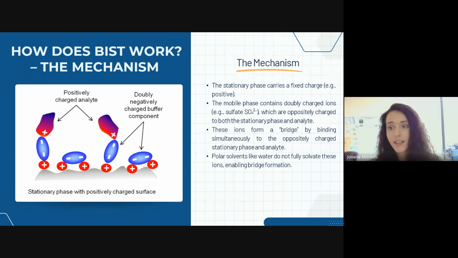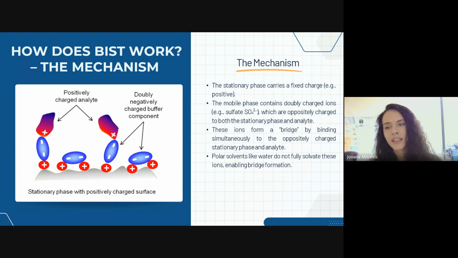But in BIST, things work differently. In the mobile phase, we introduce a doubly charged counterion, such as sulfate. This sulfate ion is negatively charged, and because of its dual charge, it can simultaneously interact with both the positively charged stationary phase and the positively charged analyte.